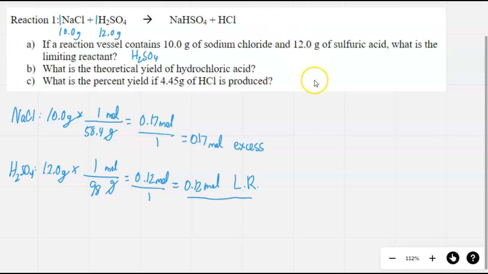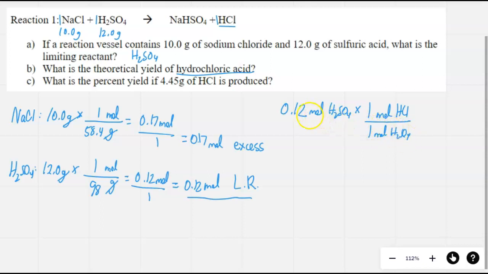So let's go with the limiting reactant. We already converted it into the moles, so we're going to have 0.12 moles of H2SO4. We want to figure out my theoretical yield of hydrochloric acid, so the HCl. I'm going to use the mole ratio, which is just still 1:1. So 1 mole of HCl for every 1 mole of H2SO4.